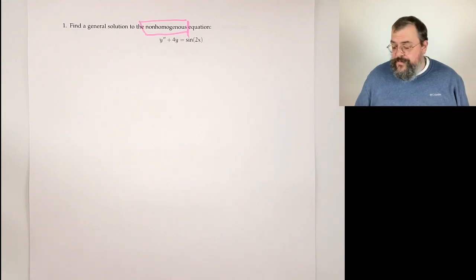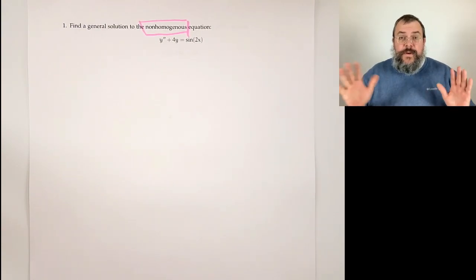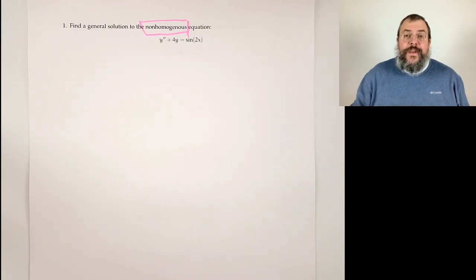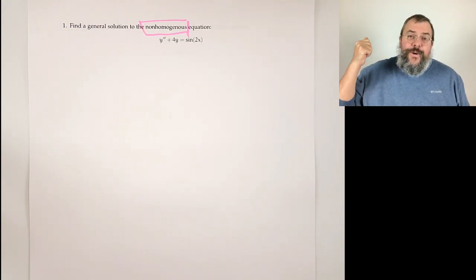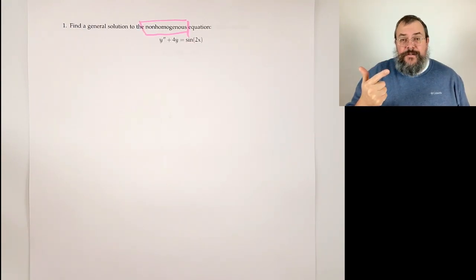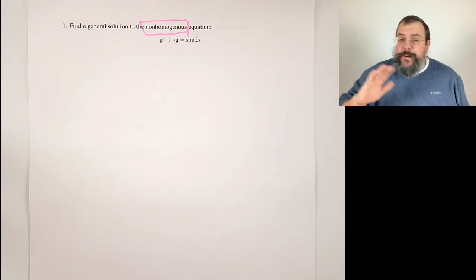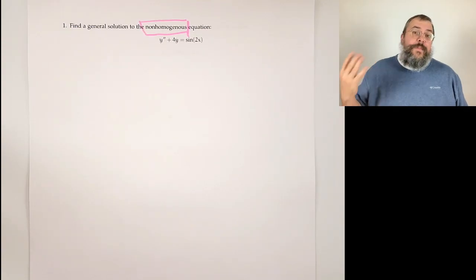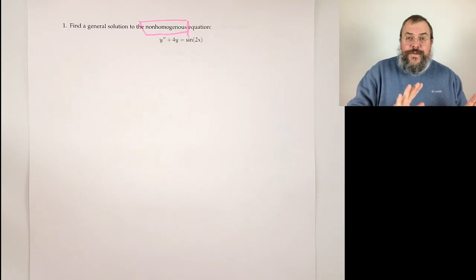Pay attention. And so when we see non-homogeneous, there's only two options available from what the material has been since the last exam, which means it's either method of undetermined coefficients or variation of parameters. Now, which one? Variation of parameters always works, but method of undetermined coefficients is oftentimes easier for us to understand and run through.